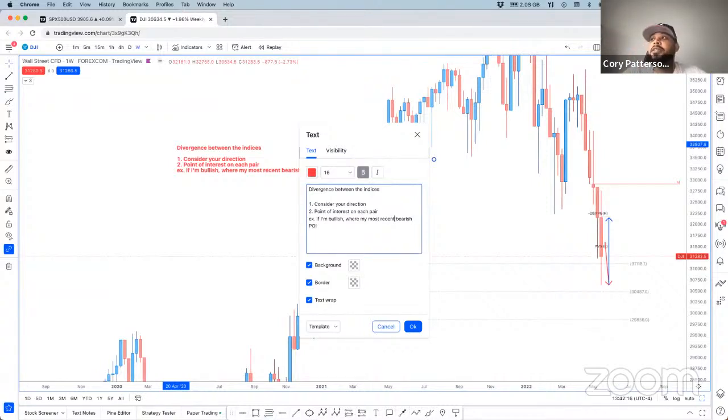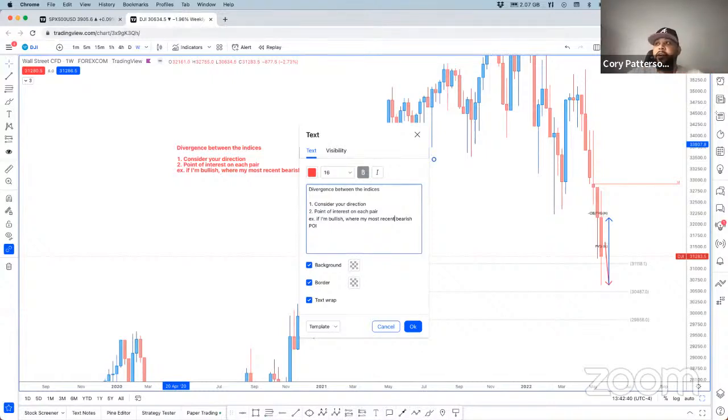Because if you're bullish, you're likely going to be trading to that on the pairs you're looking at, SPX, NAS, and US 30. So in most cases, you're going to go from one bullish point of interest to a bearish point of interest, so that way you can have continuous order flow, right?